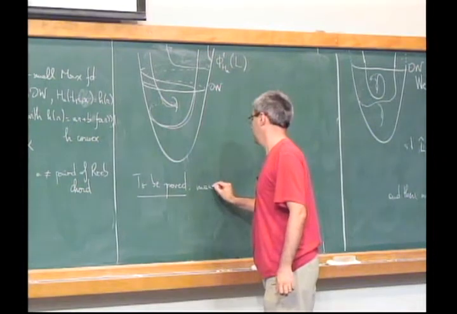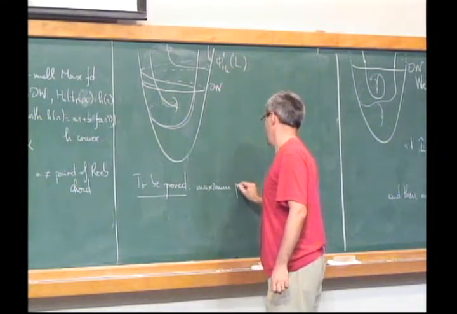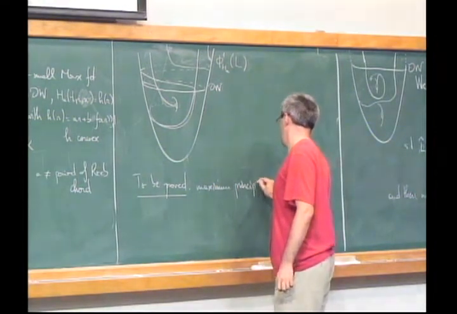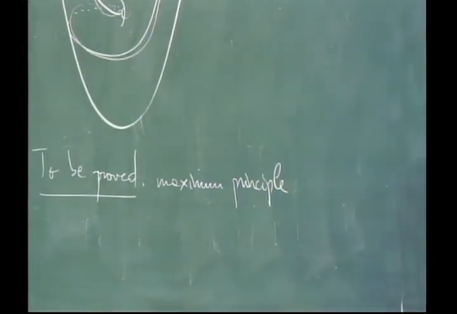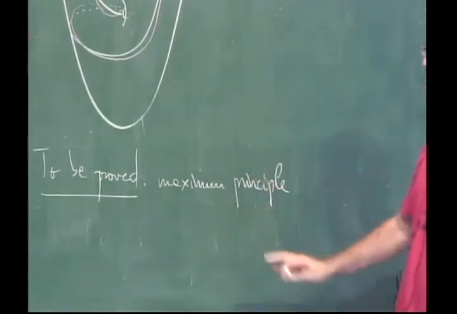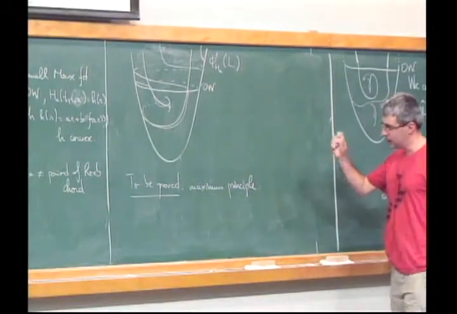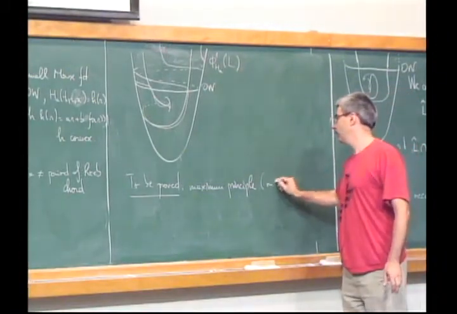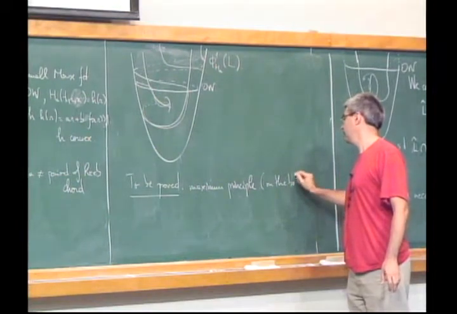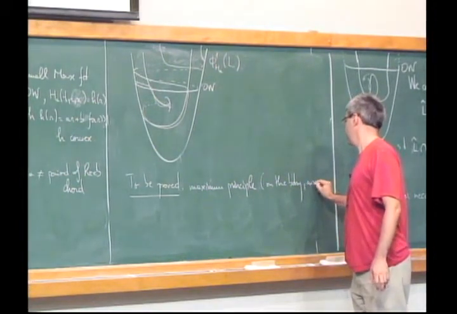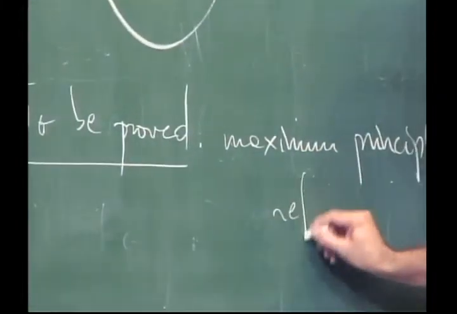So to be proved here is the maximum principle, which I will not do because it would essentially repeat the computation, and then there's a tiny argument. On the boundary, one can use a reflection principle.